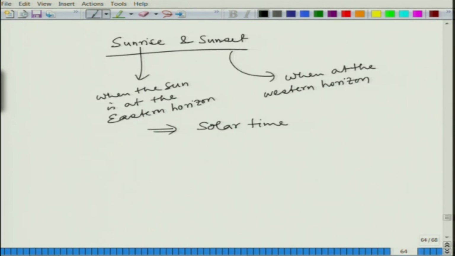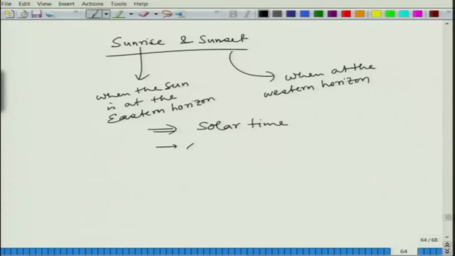Okay. And this people have understood very meticulously, particularly in India. If you have visited these sun dials, very elaborate sun dials are there in the Jantar Mantar.